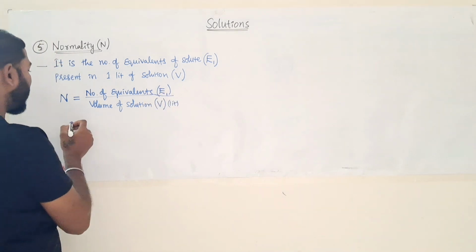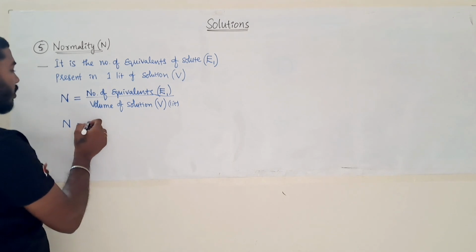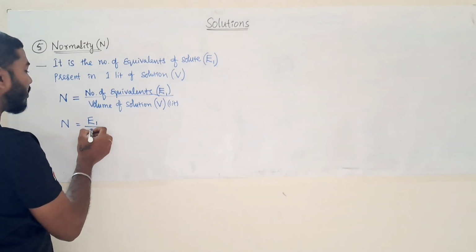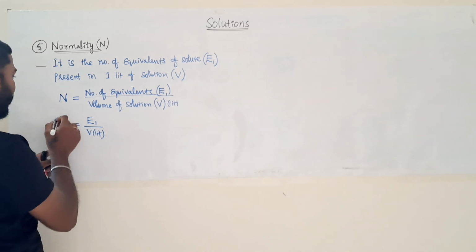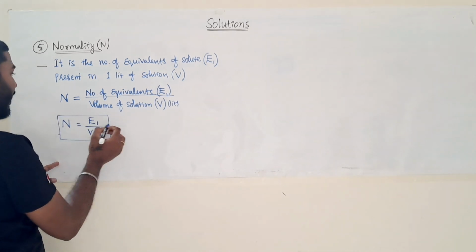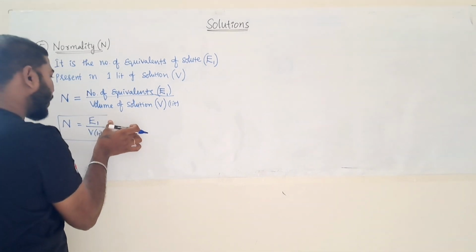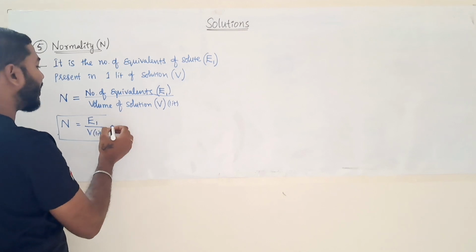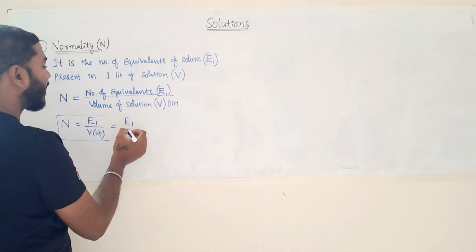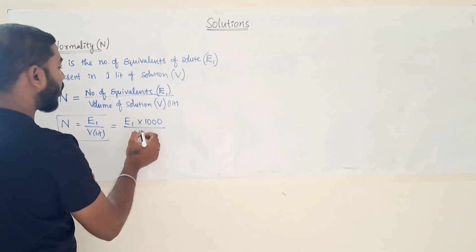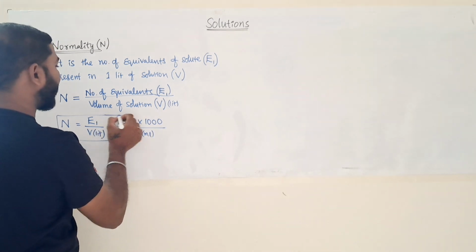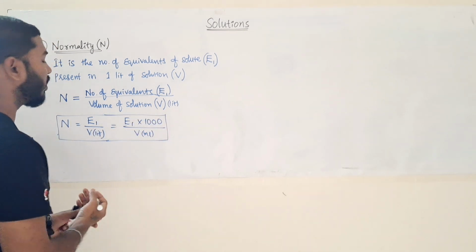So normality is equal to E1 by V in liters. If we want to express this volume in milliliters, we can write this as E1 into 1000 by volume of the solution in milliliters. We can use either of these formulas.